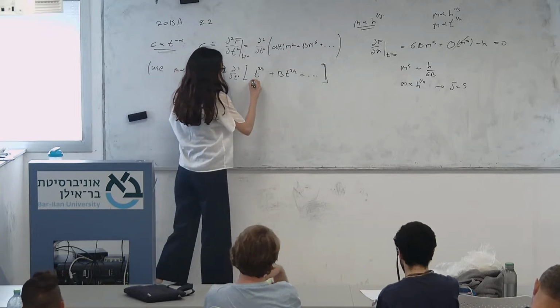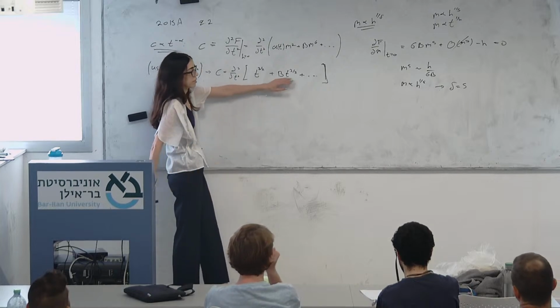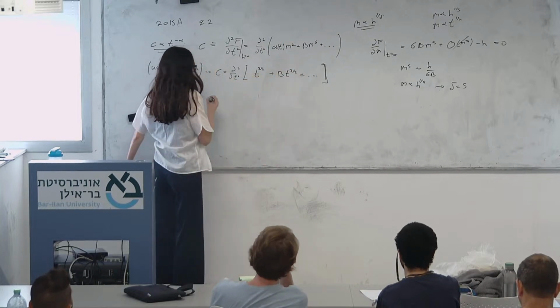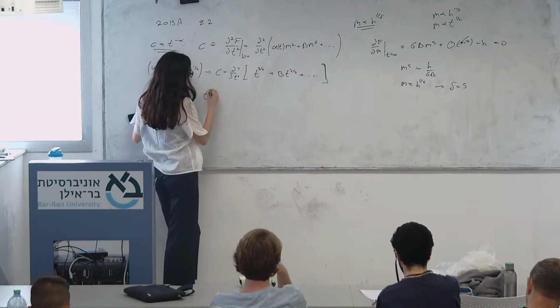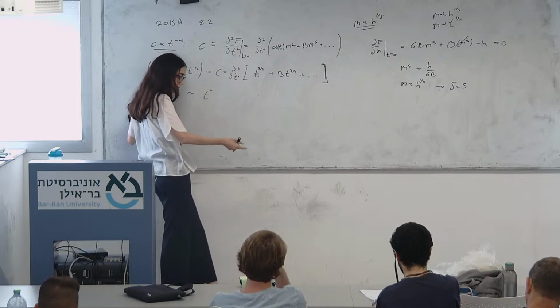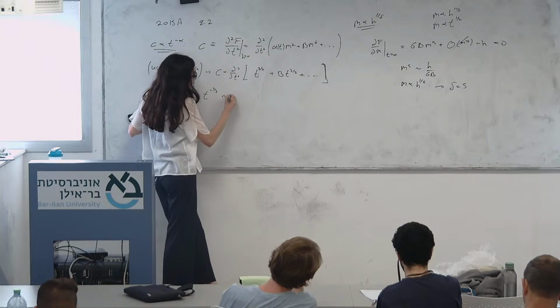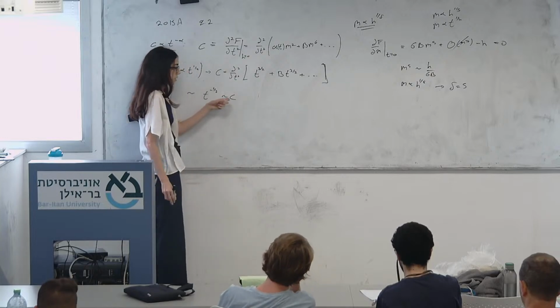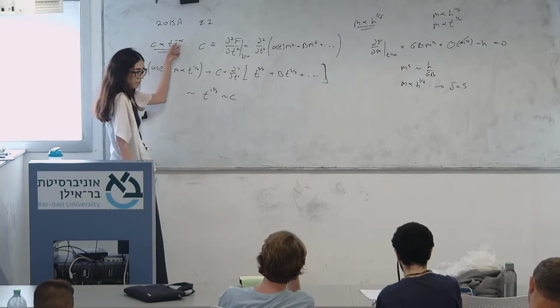So this is basically a second derivative of something that goes like t to the 3 over 2. So first derivative will be t to the power half, second derivative t to the minus half. So the specific heat goes like t to the minus half, which means that alpha is equal to half.